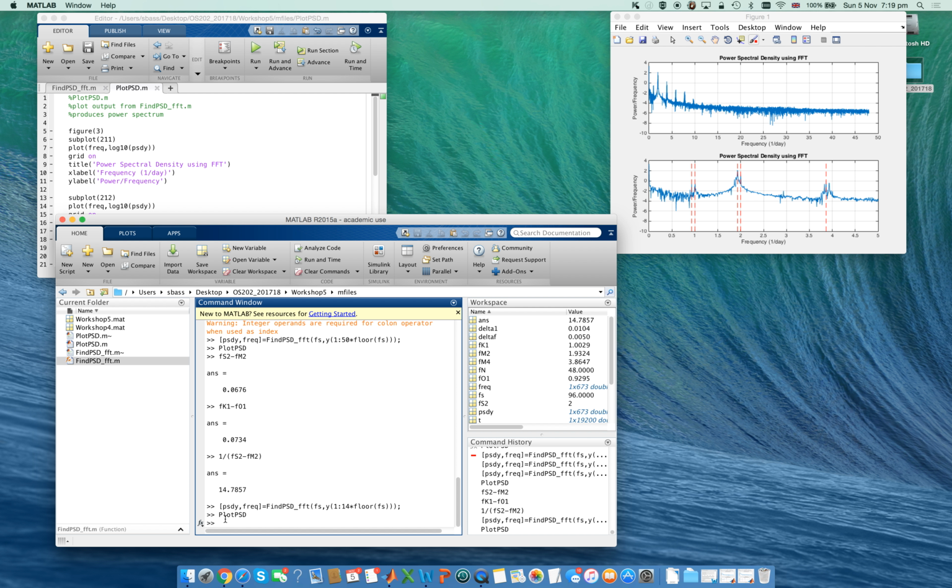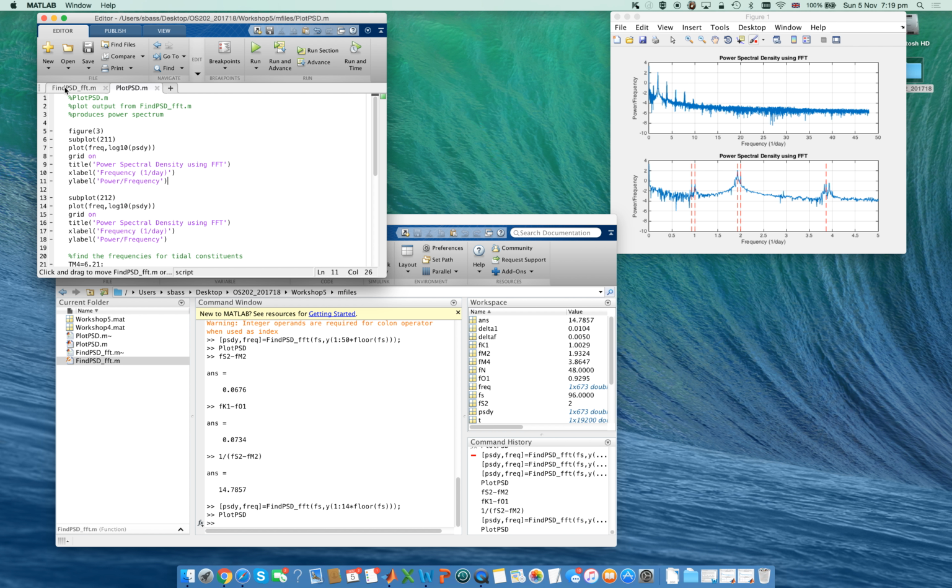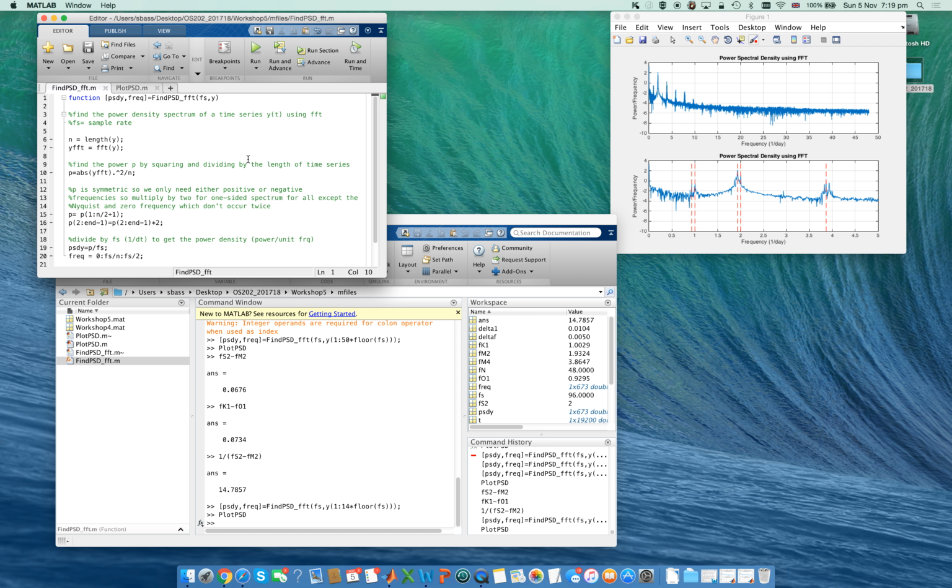Okay, and so what we want to do is to call our function find PSD FFT. Let's go up here to have a look at it again, and we want to give it a different sample rate here, fs, and we want to give it another time series which has been undersampled.